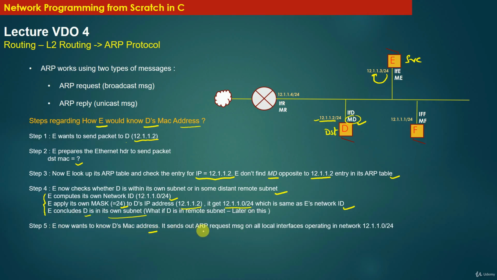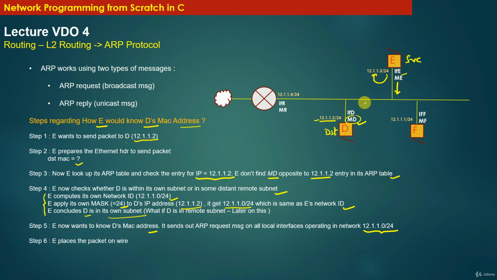E sends out an ARP request message on all local interfaces operating in the network ID 12.1.1.0/24. Now in this topology, E has only one interface, which is IFE, and it is operating in the network 12.1.1.0, and therefore E will launch the ARP broadcast request message only out of interface IFE.